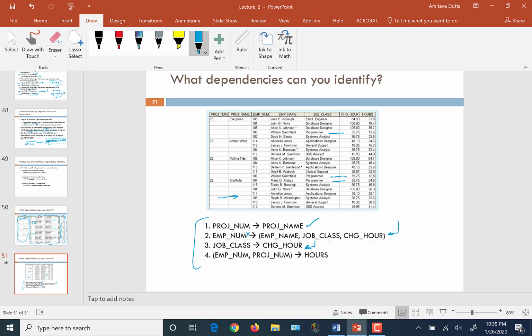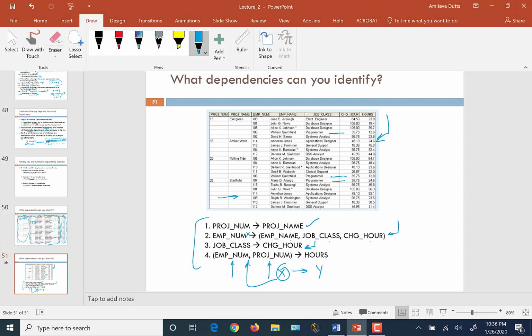Now the last piece is hours worked, and in order to determine hours worked, I need to know both the employee number and the project number. So do you see now that for this functional dependency, the left hand side, the determinant, is composite. So X consists of these two attributes, employee number plus project number, determines hours.